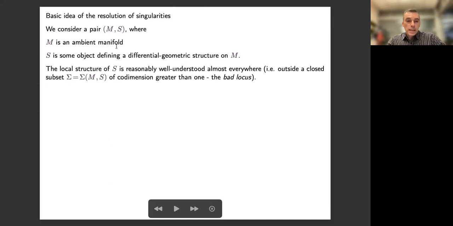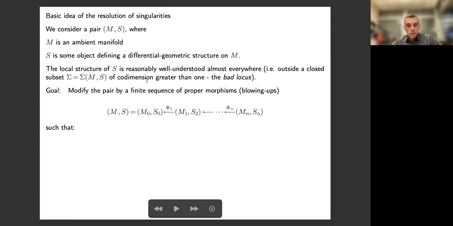You suppose that the local structure defined by such object S is reasonable, well understood almost everywhere. By this I mean outside some subset of codimension greater than 1 in some well-defined topology. We call this set where things are not so good the bad locus.